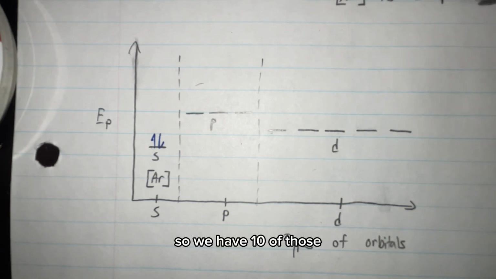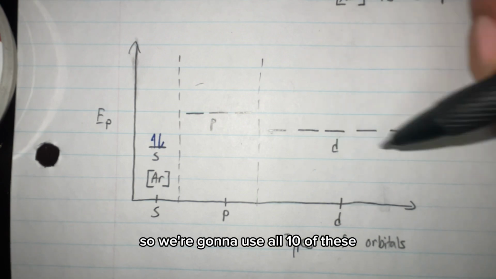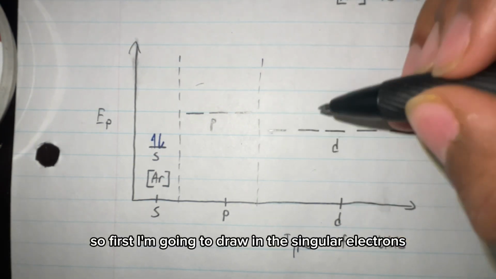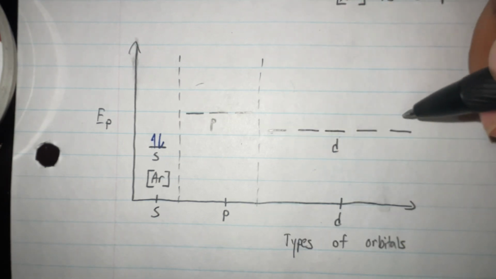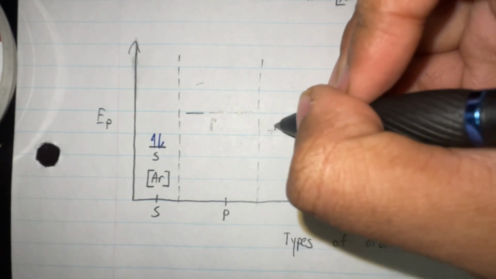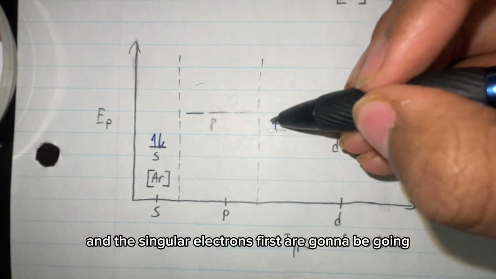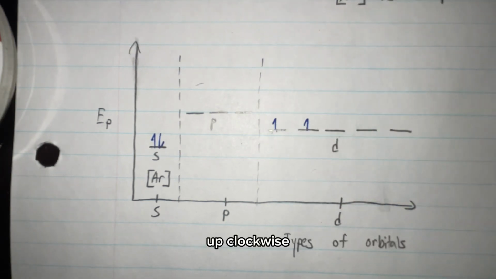So now we're going to fill in the d orbitals. We have 10 of those, so we're going to use all 10 of these. So first, I'm going to draw in the single electrons in these orbitals, and the single electrons first are going to be going up, clockwise.